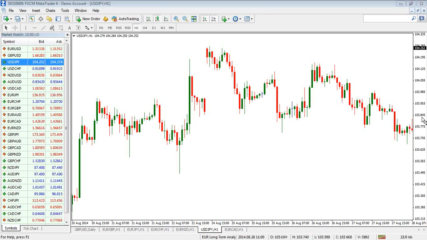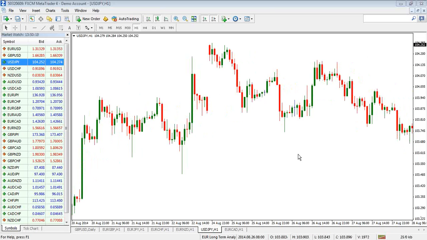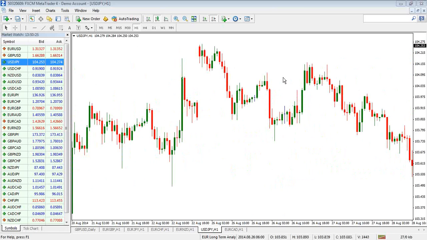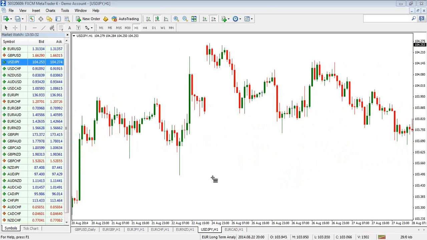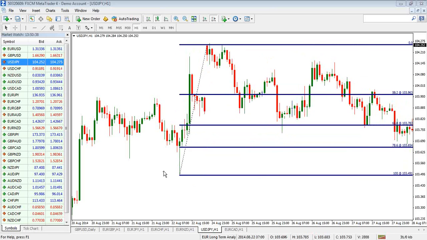What we were looking for in class this week, or this past week I should say, I keep forgetting it's a holiday week, was buying dollar yen opportunities. We were looking for opportunities to buy dollar Swiss. And last Thursday, the trade I gave out to my morning students was this one right in here.